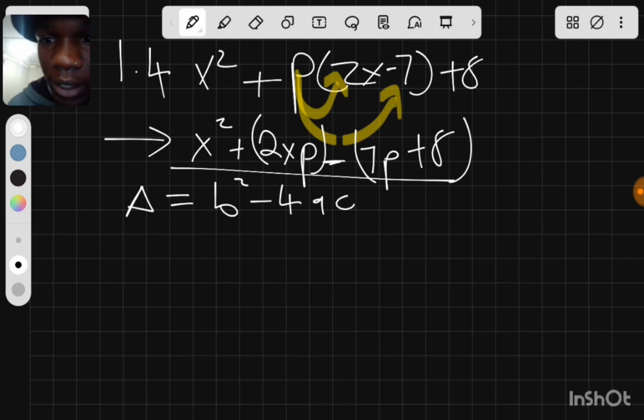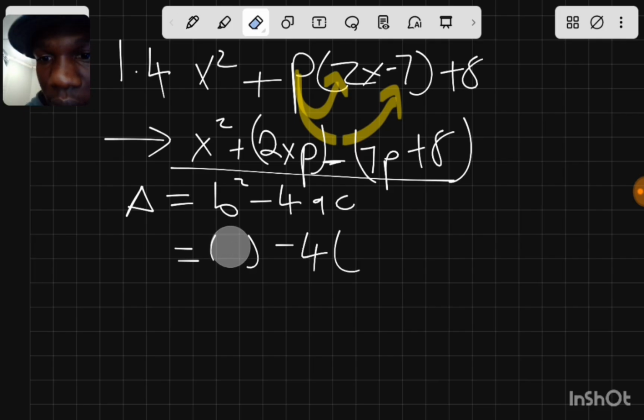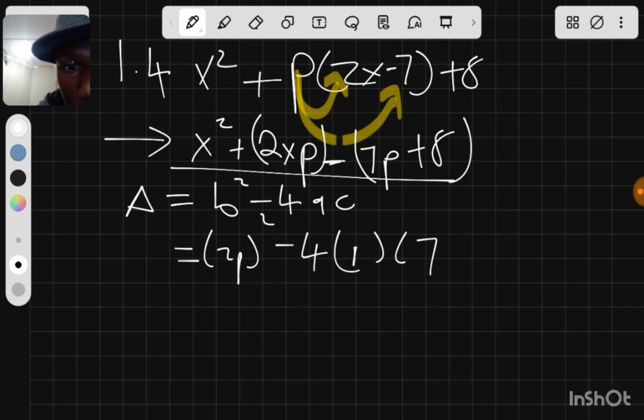And our a will be the coefficient of x squared, which is 1. So b squared is 2p squared minus 4a c, where a is 1 and c is 7p plus 8.